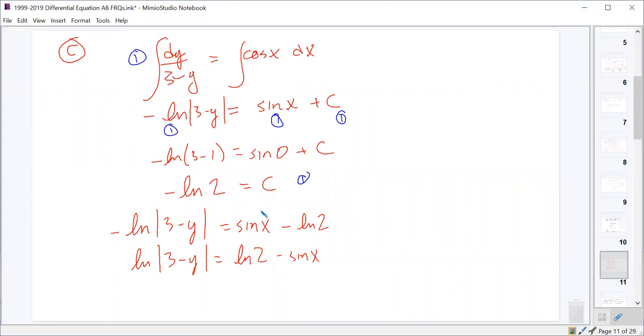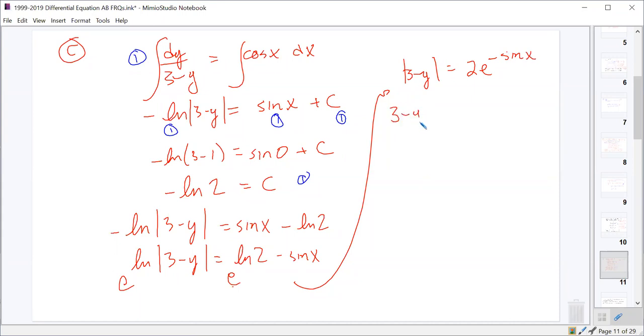Put the signs on those. Then you're going to exponentiate to give yourself absolute value 3 minus y equals, and we'll remember that this is e to the ln2 times e to the negative sine x. And e to the ln2 is 2. So 2e to the negative sine x.